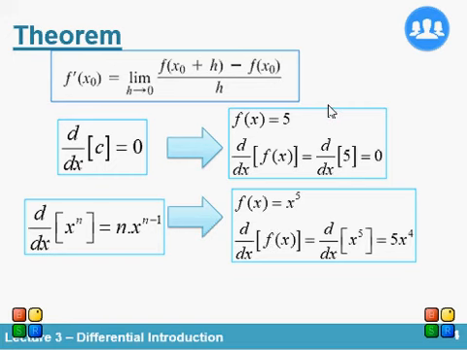For the first example, f(x) equals 5, d/dx of the function 5 equals 0. Why is it equal to 0? Because 5 is a constant, there's no variable there.